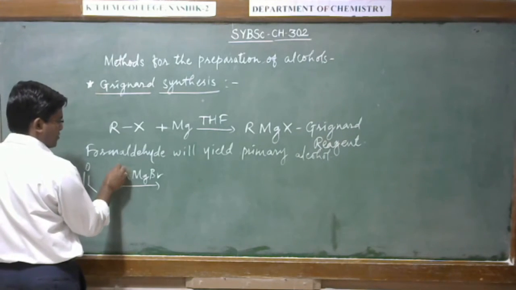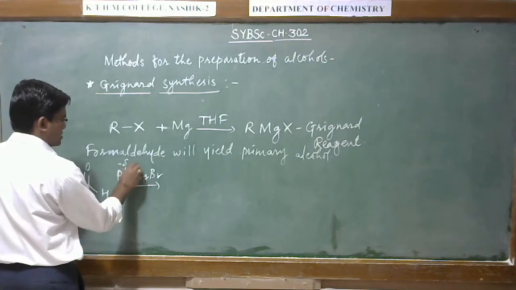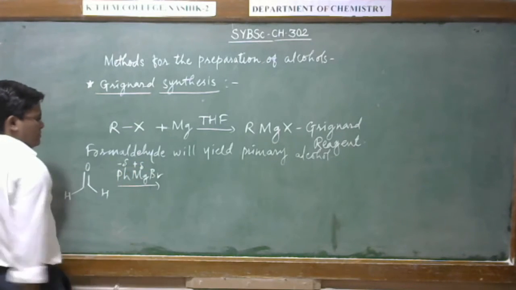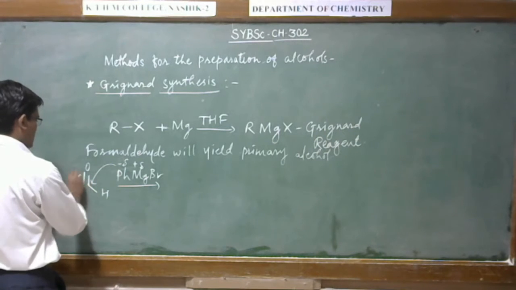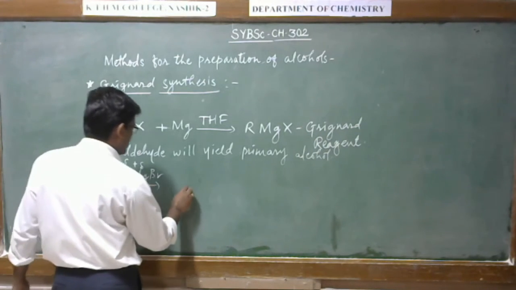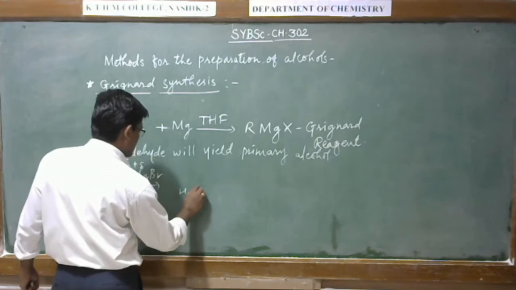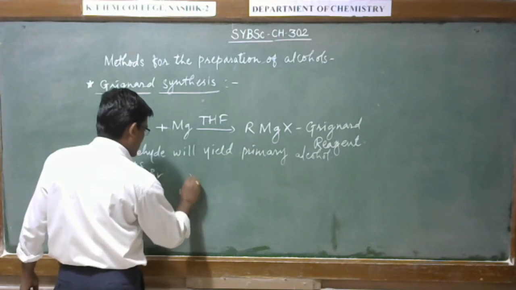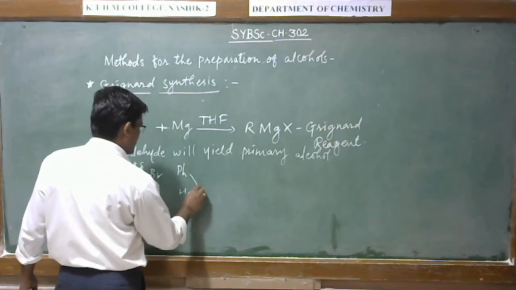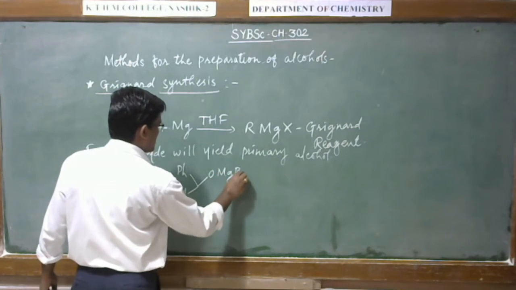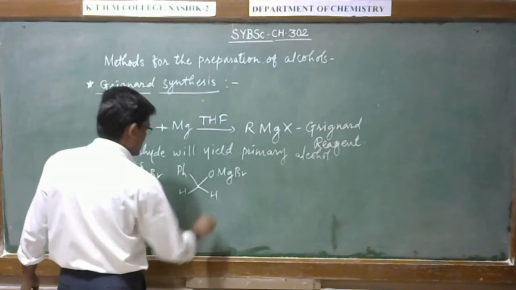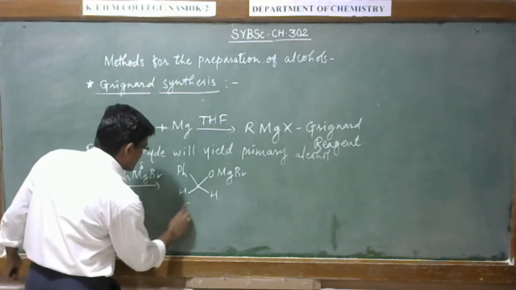This phenyl group has partial negative charge and this magnesium partial positive. It will attack like this, so we would get this OMgBr complex.